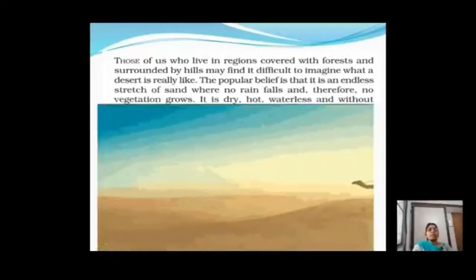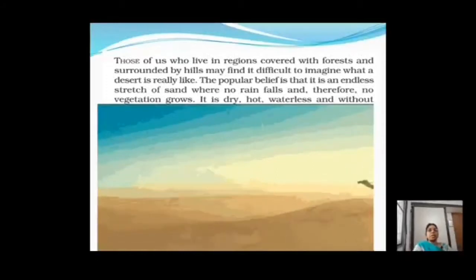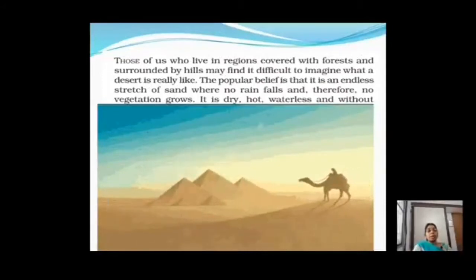Everything they will find difficult. See, I have shown you the picture of a desert. Actually, the popular belief is that it is an endless stretch of sand, when no rain falls and no vegetation grows. All these are the beliefs and the imagination.